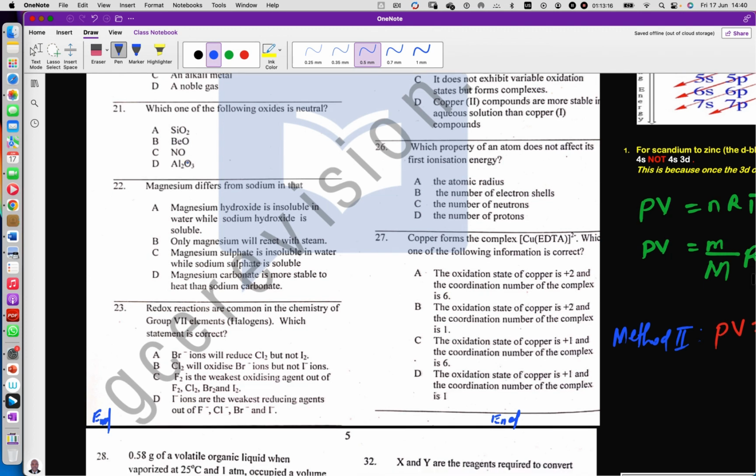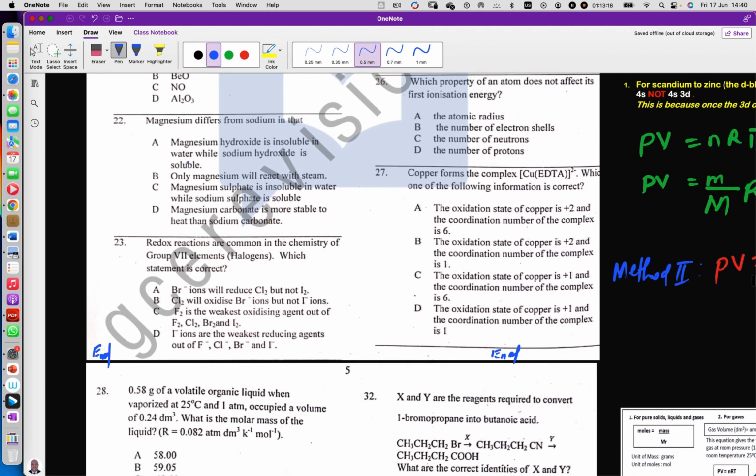Let's proceed to question number 22. Magnesium differs from sodium in that: A, magnesium hydroxide is insoluble in water, while sodium hydroxide is soluble. Yes.